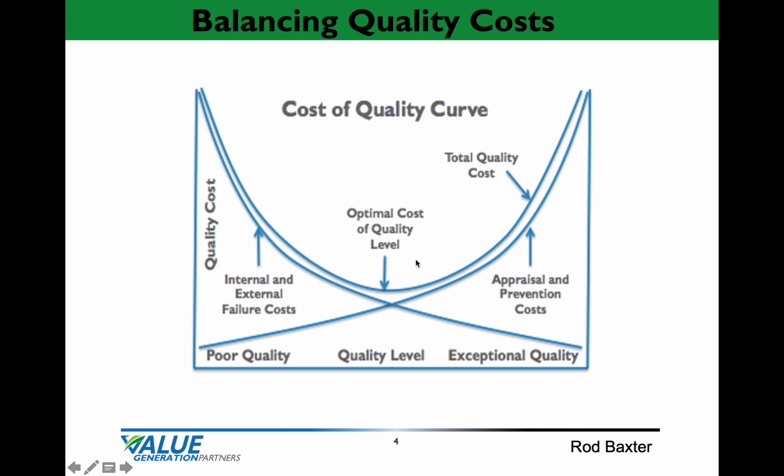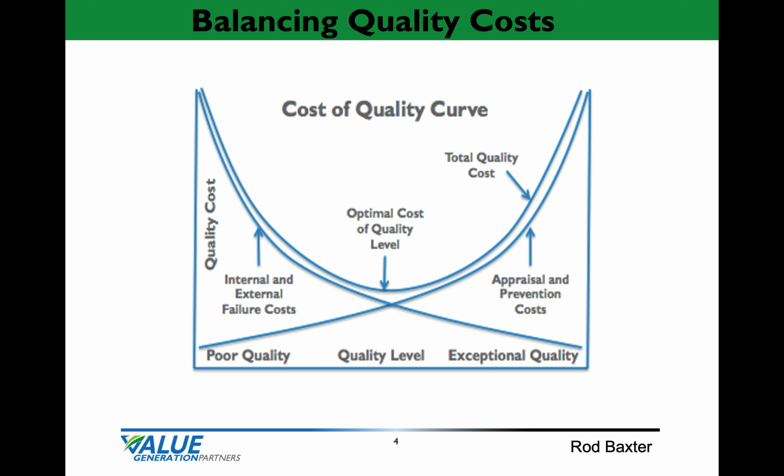But there is an optimal quality cost. It's the equilibrium between appraisal and prevention and internal and external failures. The goal is to balance the good quality cost of appraisal and prevention with the wasteful quality cost of internal and external failures, while reducing the overall quality cost.